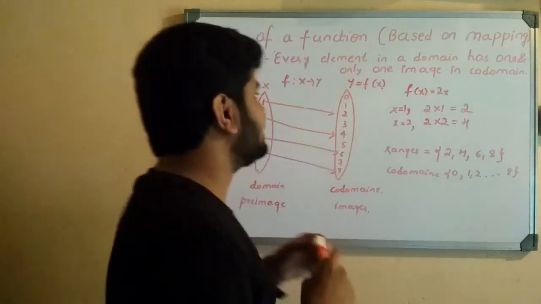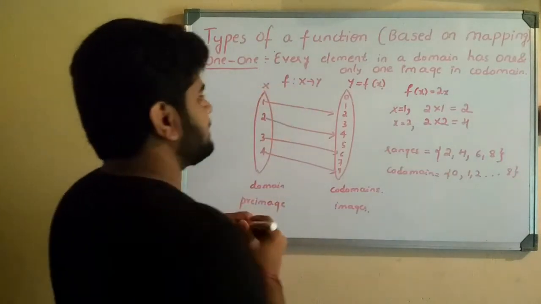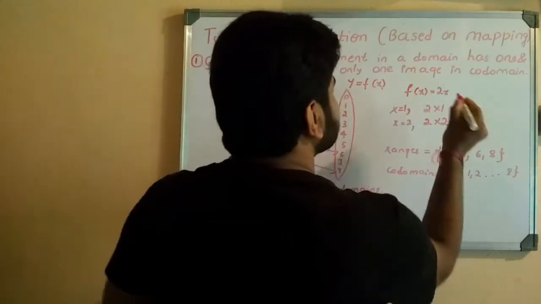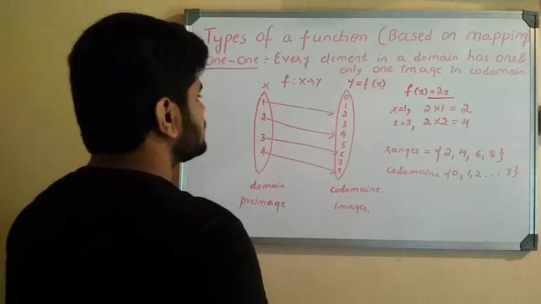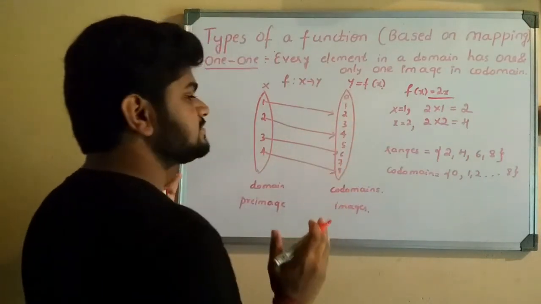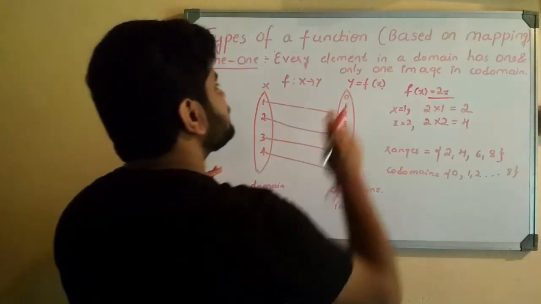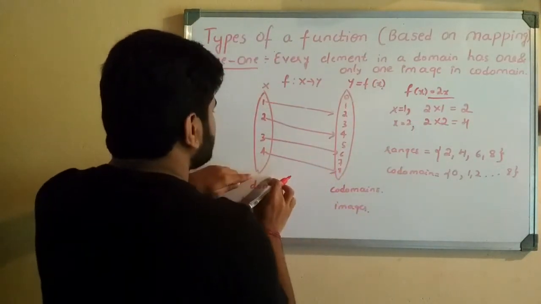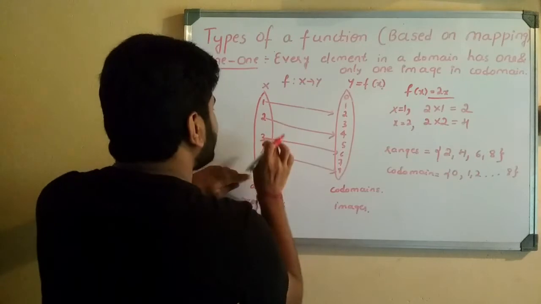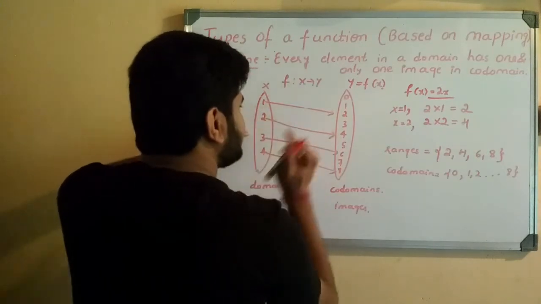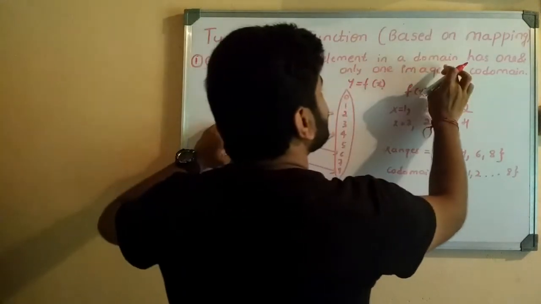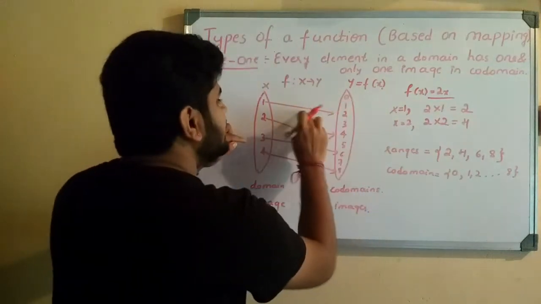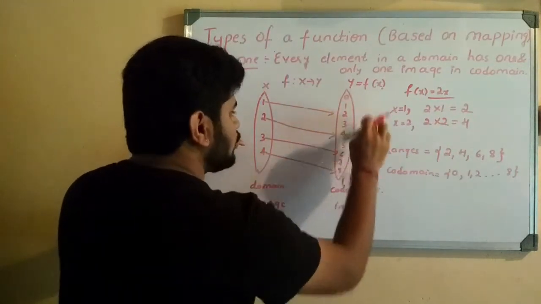If you take the mapping f from X to Y, and I define f of x equal to 2x as a function, then this mapping is called a one-one function. Because if you see the definition, every element in the domain is involved in a mapping, so every element in the domain has one and only one image in the codomain.